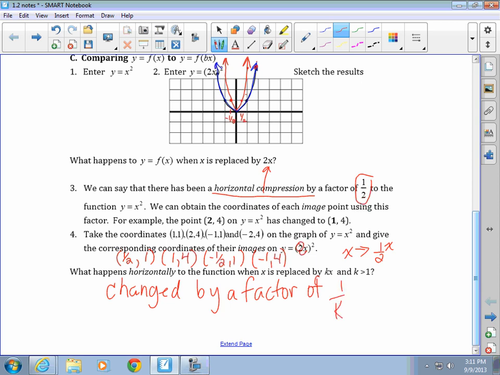It changed by a factor of 1 over k. This was a 2 in here, so our factor ended up being 1/2. If this had been a 6 in here, then it would be 1/6. So when the value is being multiplied inside, the factor you're going to be using will be a reciprocal of it.